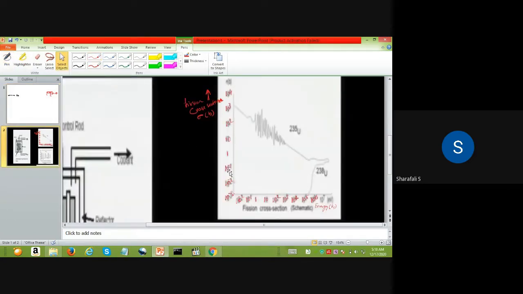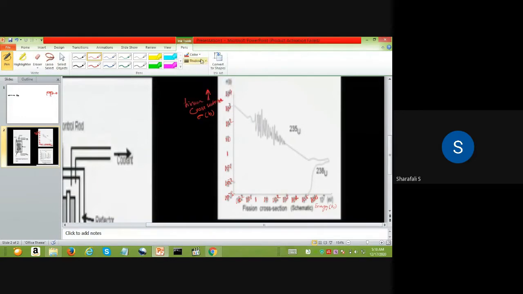Whatever it is, here we have this in logarithmic scale, and this is again in logarithmic scale. Here it is 10 raised to minus 3, minus 2, minus 1, 1, 10, 10 square, 10 cube, 10 raised to 4, like that. This is the fission cross section in barns. We already discussed the unit.